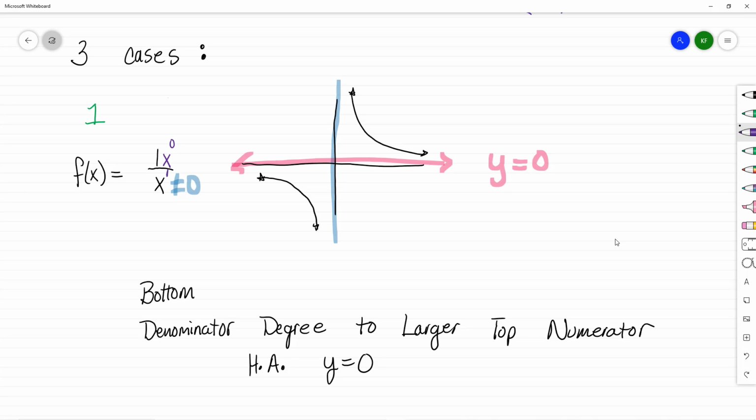So case 1 is where, I should put it in the same color for you so your eyes know what to look at. So case 1 is where the bottom degree is larger than the top degree. And what will happen with your case? It will always be a horizontal asymptote at y equals 0.